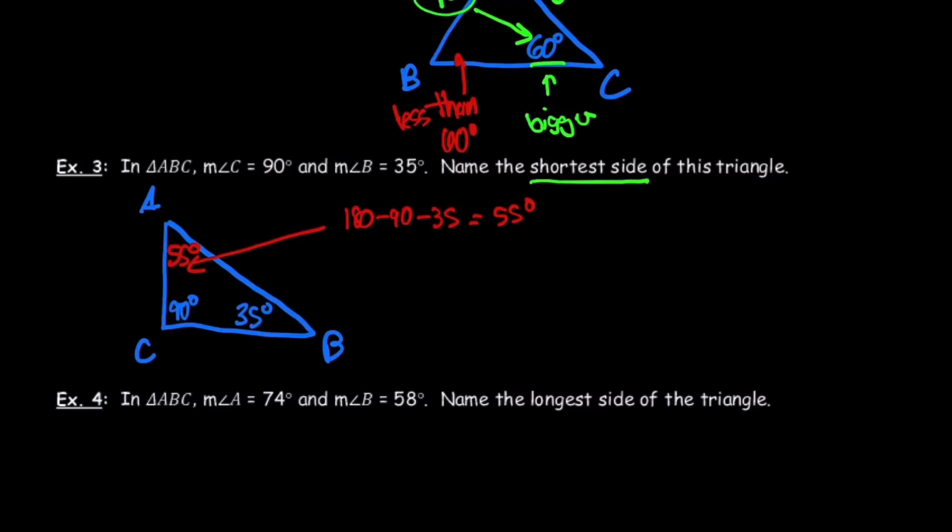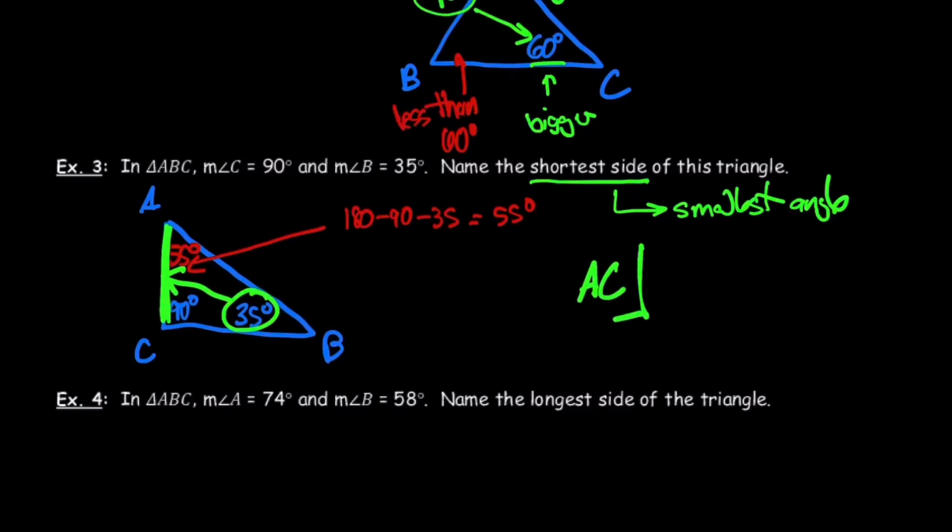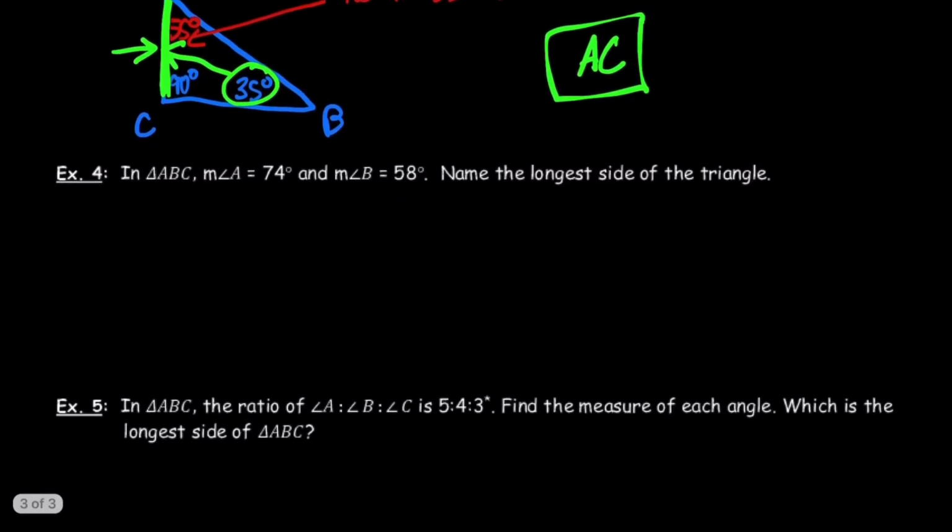If I want the shortest side, remember I'm looking for the smallest angle. Smallest angle is this. So this side over here has got to be the shortest side. Remember, the way you name a side is with two letters, the endpoints, AC. That side right there. Okay, moving on.